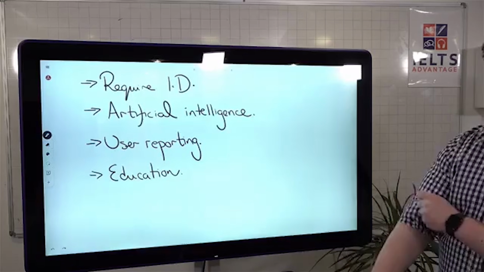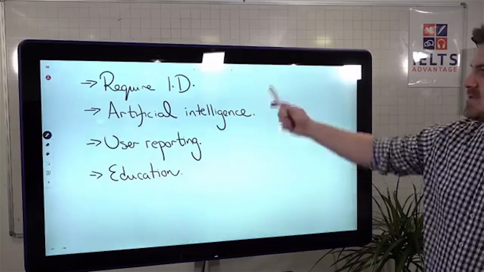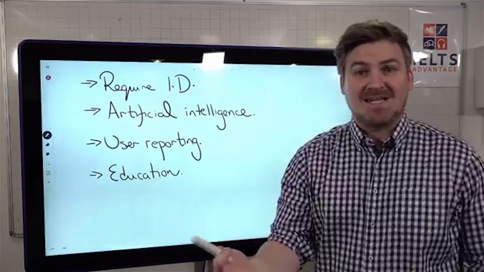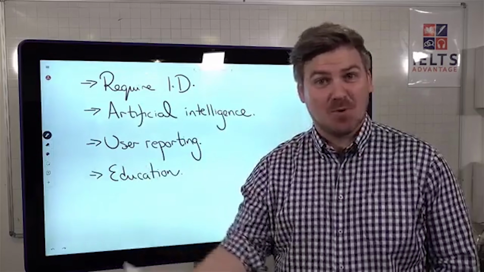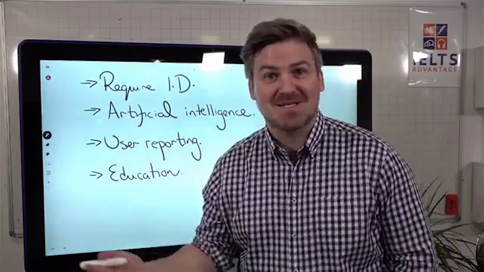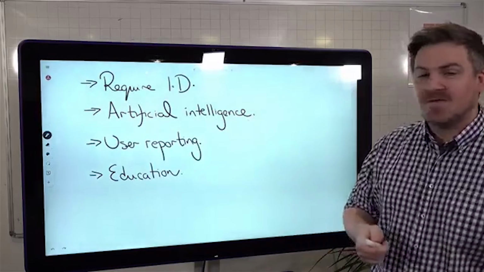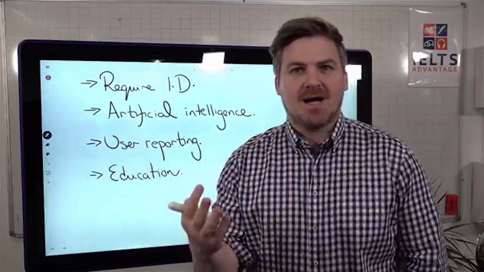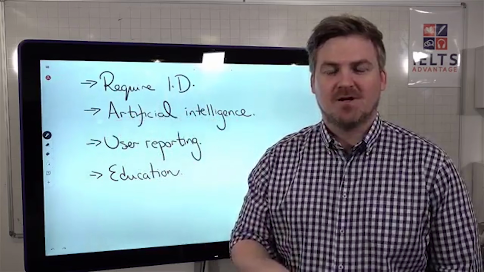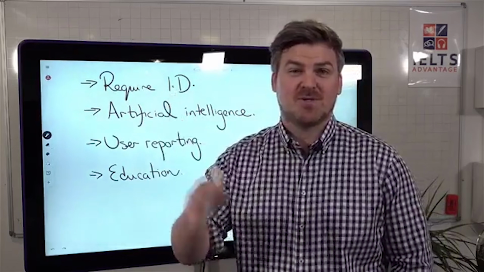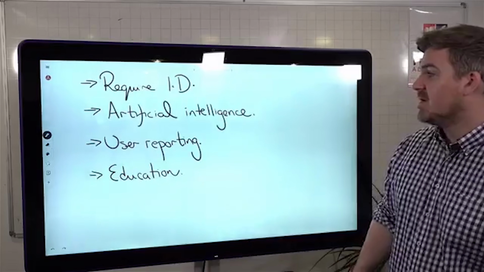So when I worked with some other students on this, these were the 4 ideas they came up with. One was require ID, so you have to enter your passport number or your driver's license or whatever, so that would guard against fake accounts. Artificial intelligence, so AI looks at all of the accounts and tries to figure out which ones are fake and which ones aren't, and just automatically blocks fake accounts.